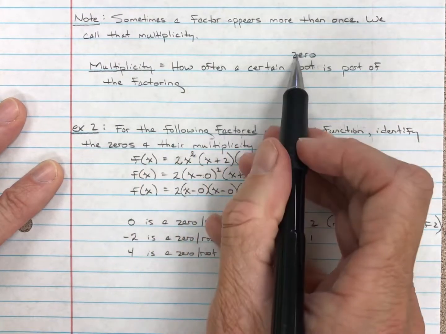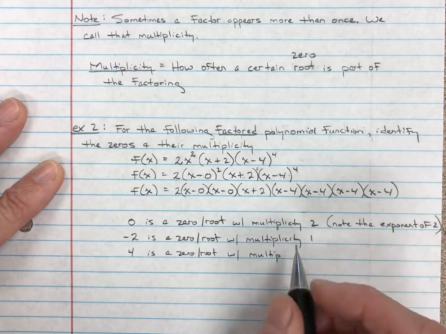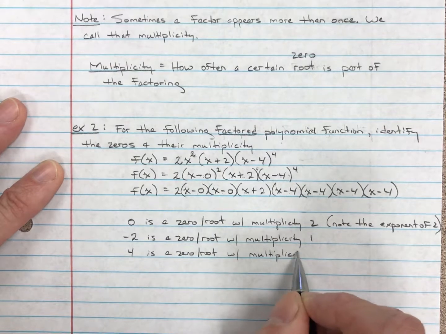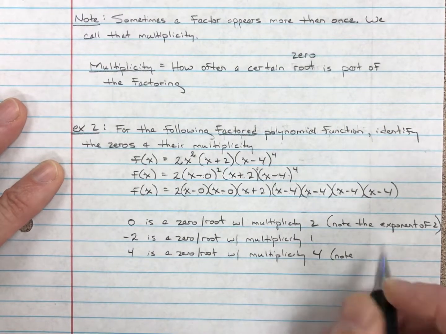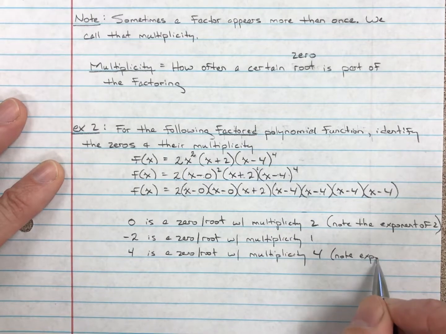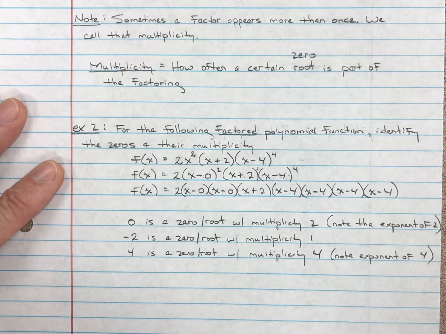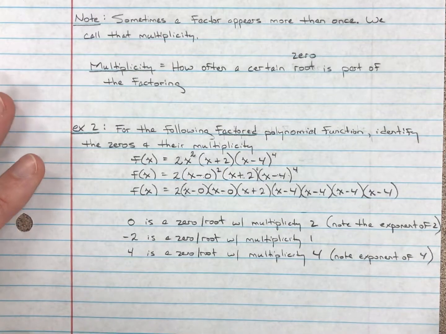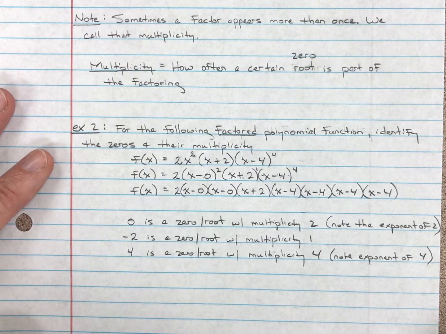Multiplicity, how often a certain zero is part of the factoring. It's part of the factoring 4 times. Again, note the exponent of 4. Okay? So that gives you a sense of what's going on with multiplicity and what that means.